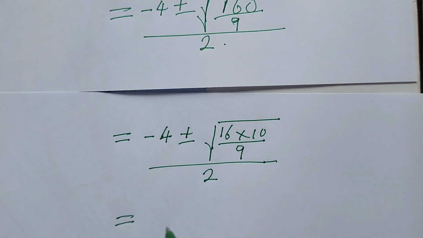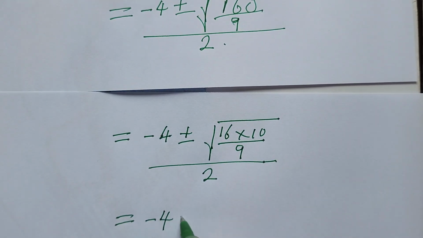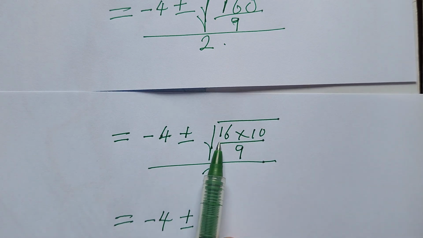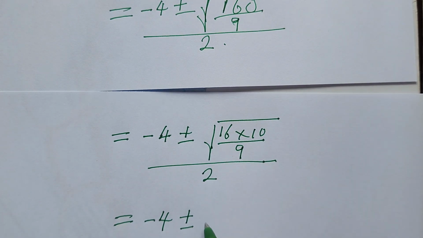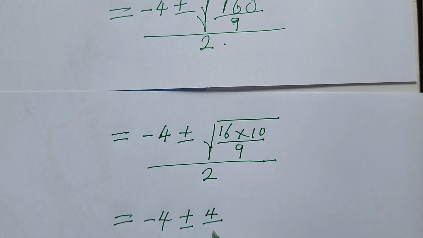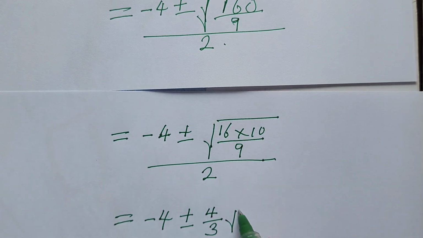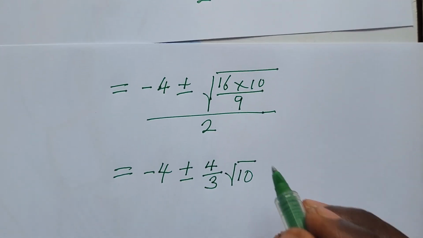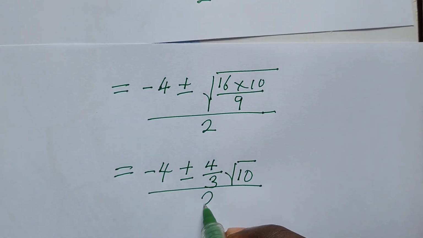Now 16 is a perfect square and 9 is a perfect square. So the square root of 16 gives us 4, all over the square root of 9, which gives us 3, times the square root of 10, and all over 2.